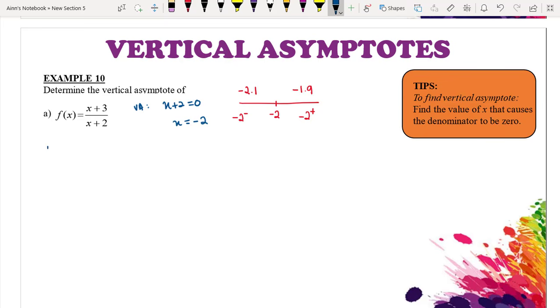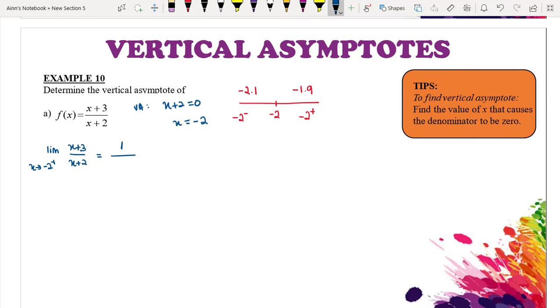Now we need to find the limit of f(x), which is (x plus 3) over (x plus 2), when x approaches negative 2 from the right. For the numerator, we can substitute the value of negative 2, so we have negative 2 plus 3 equals 1. For the denominator, x plus 2, if we substitute negative 2 we will get 0.